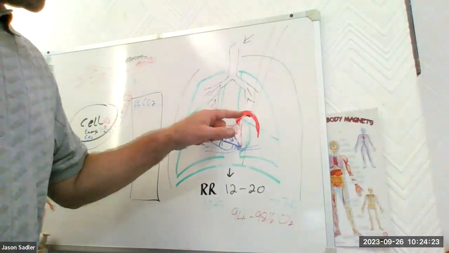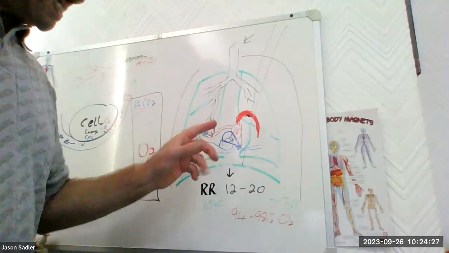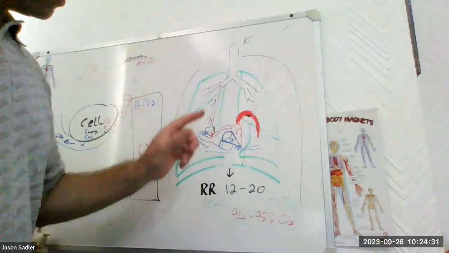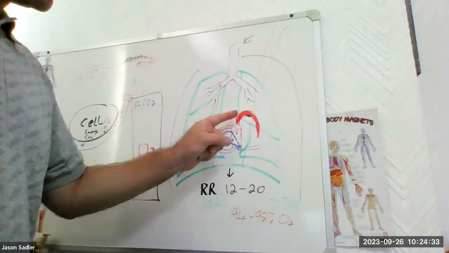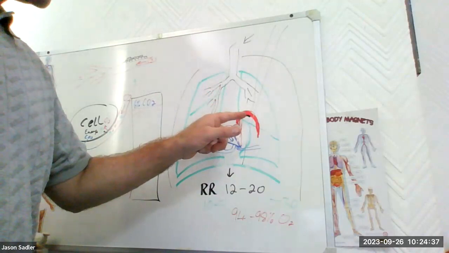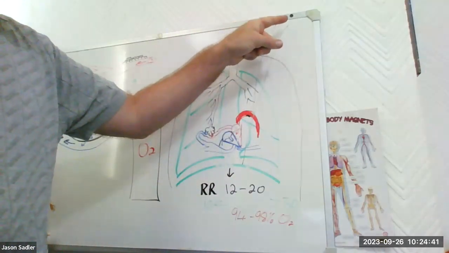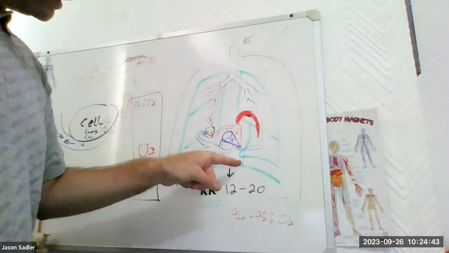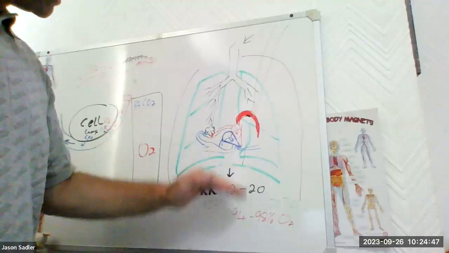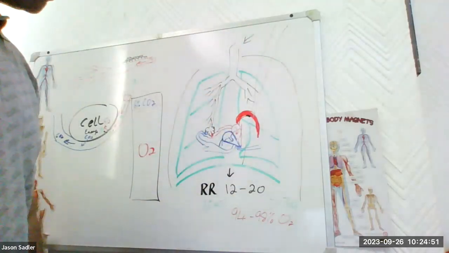So we've got a sensor, a chemoreceptor, which measures the level of carbon dioxide. When the carbon dioxide rises, the sensor triggers the brain. The brain then uses the phrenic nerve to tell the diaphragm to lower, and it does. And as it lowers, that whole mechanism that we've been talking about happens.